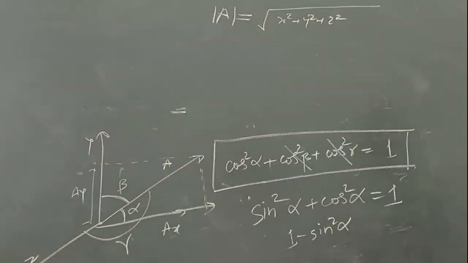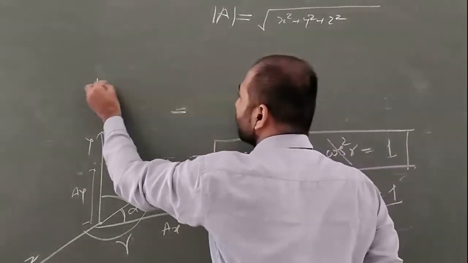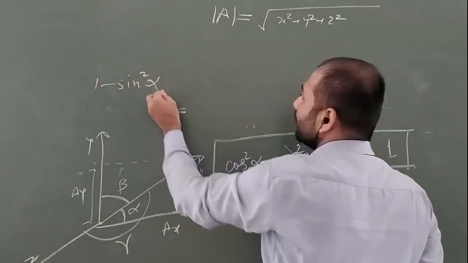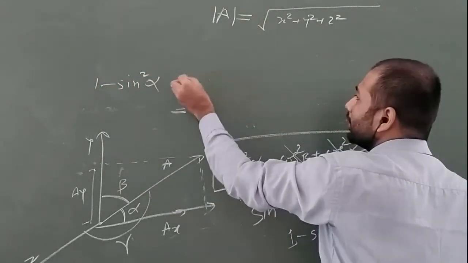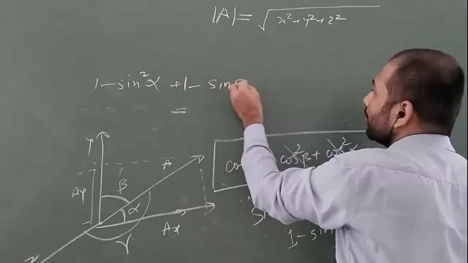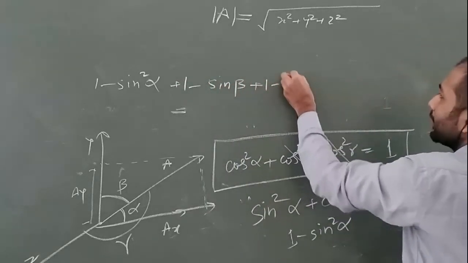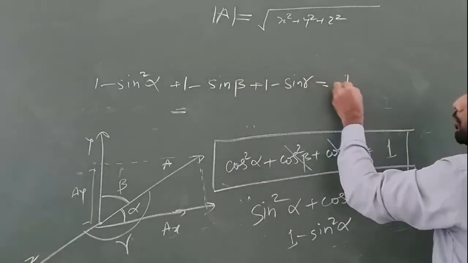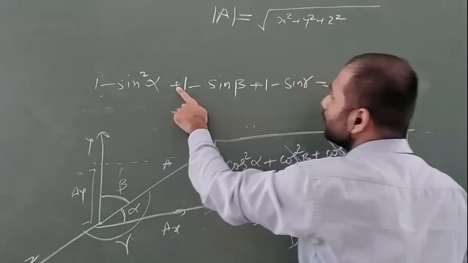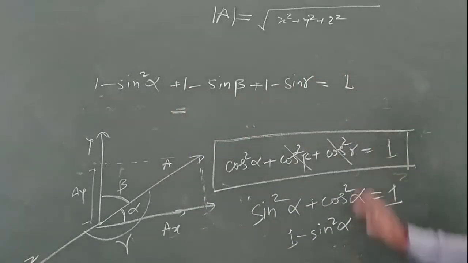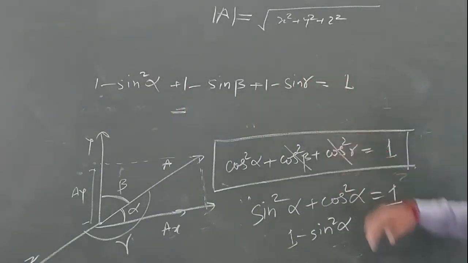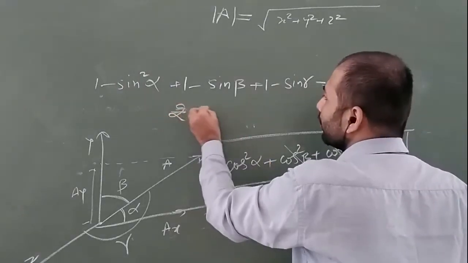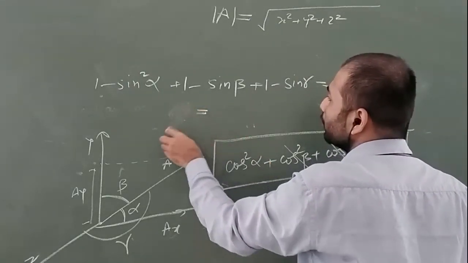So we will get 1 minus sin square alpha plus 1 minus sin square beta plus 1 minus sin square gamma. That will be equal to 1. So this is 1 plus 2 plus 3 and this is 1. So what will happen? 1 will come to this side, it will become 2, that is 3 minus 1 is equal to 2.